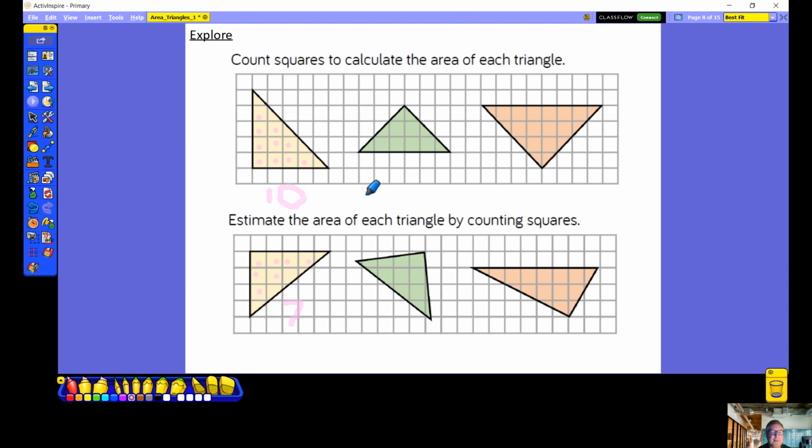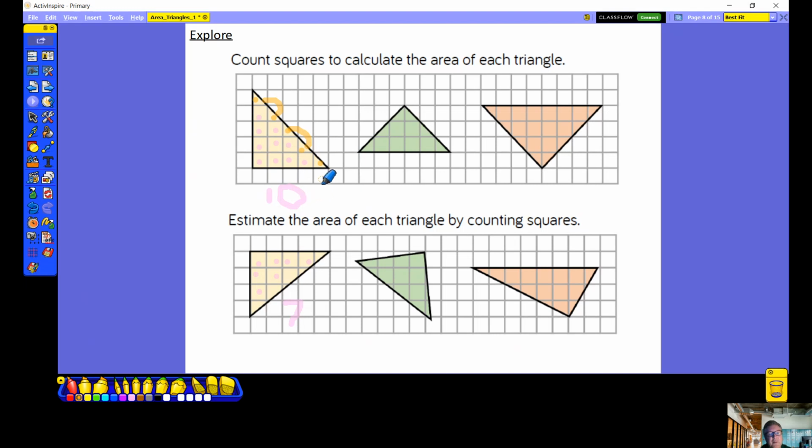What do we want to say about that? Well, just picking up a different colour. We've got this and this and this and this and this. So it would seem that that makes another square and that makes another square.